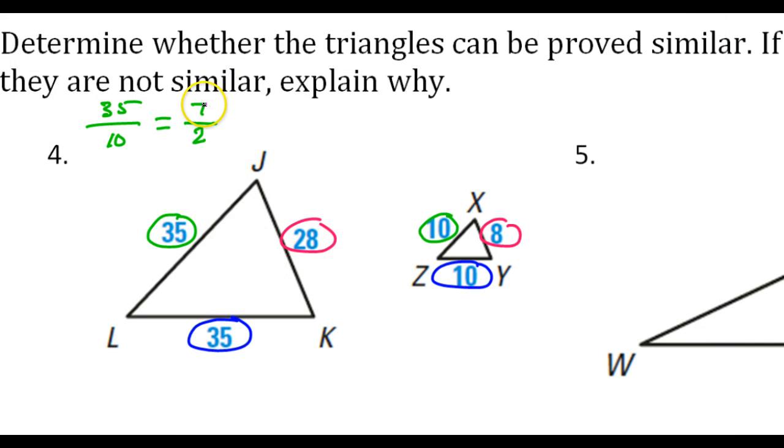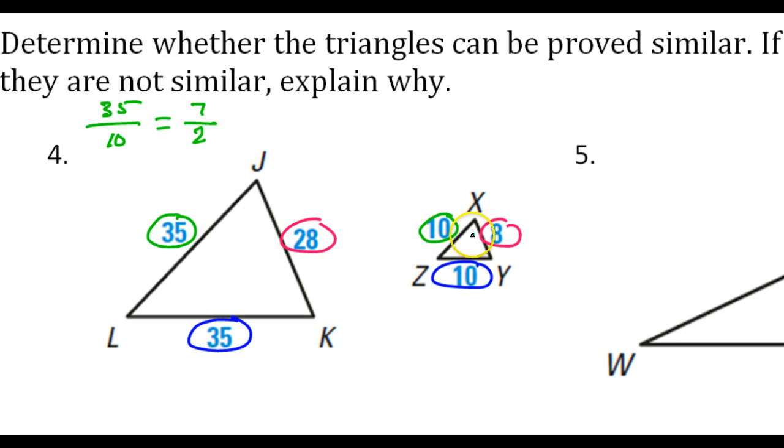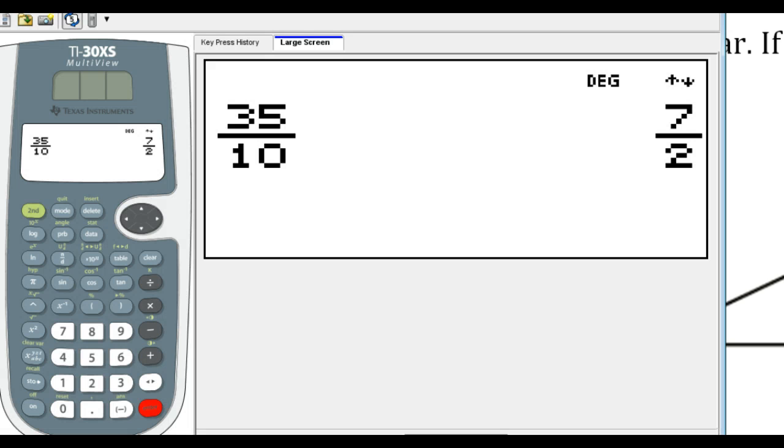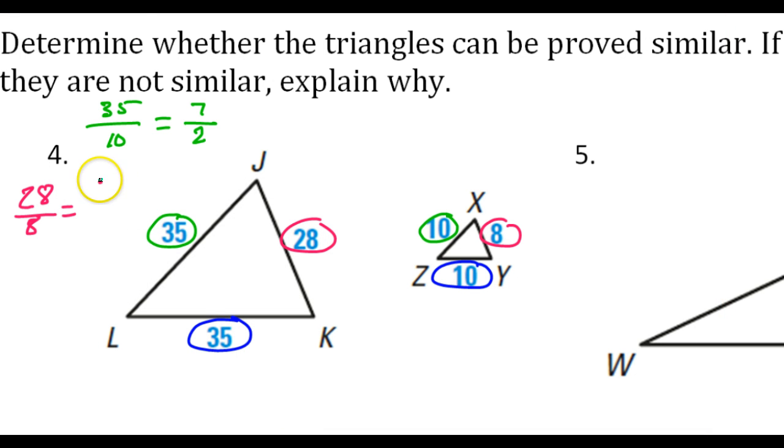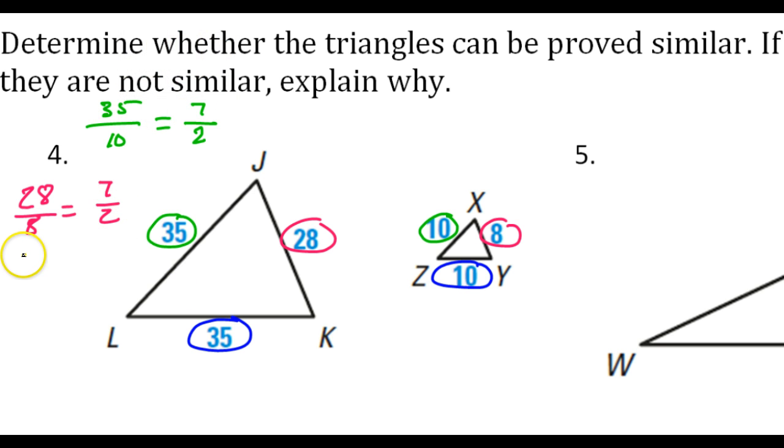Now let's check the pinks. That would be 28 over 8. Okay, 7 over 2 again. And obviously the blues are the same as the greens.